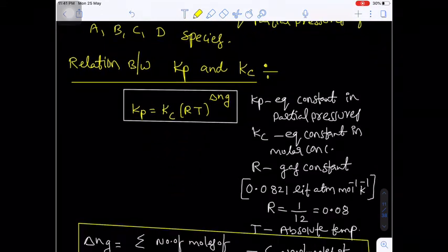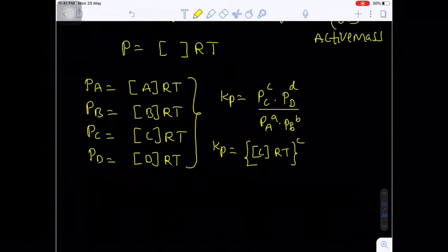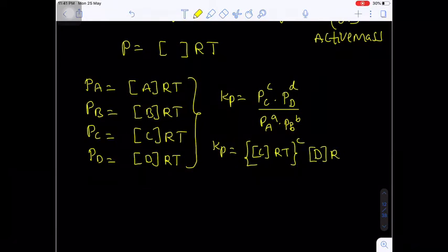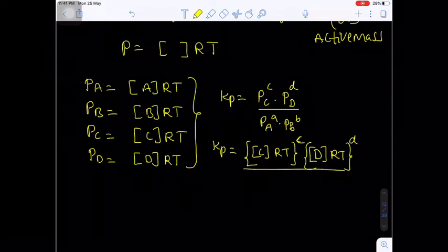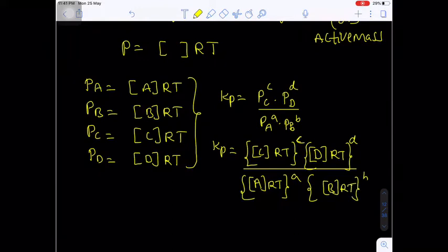Now in this Kp expression we substitute PC as [C] RT to the power small c, PD as [D] RT whole to the power small d, whole divided by [A] RT to the power small a and [B] RT whole to the power small b.